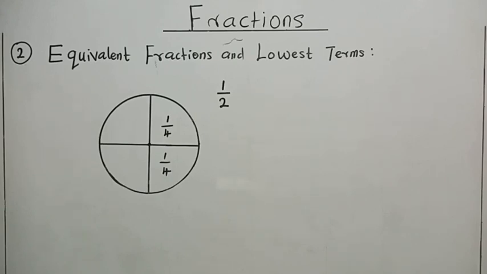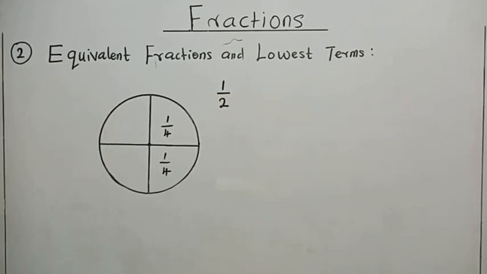Why? It is because we have 4 portions in all. 1, 2, 3, 4. So this is 1 out of 4 portions. This is also 1 out of 4 portions. In fact, each of these 4 quadrants is called 1 over 4 because each of them is 1 out of 4 portions.